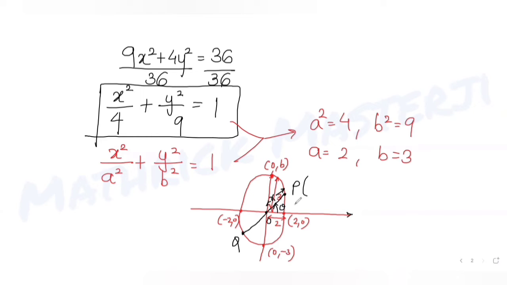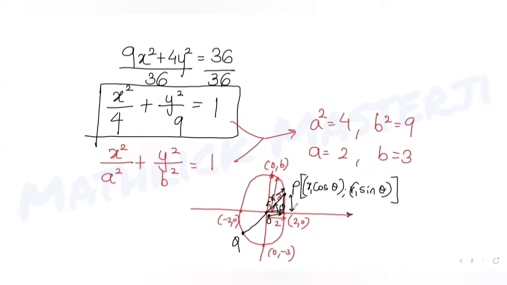If I make a right angle triangle, the x coordinate is r1 cos theta, and the y coordinate is r1 sine theta. So I have the coordinates of P: r1 cos theta and r1 sine theta.